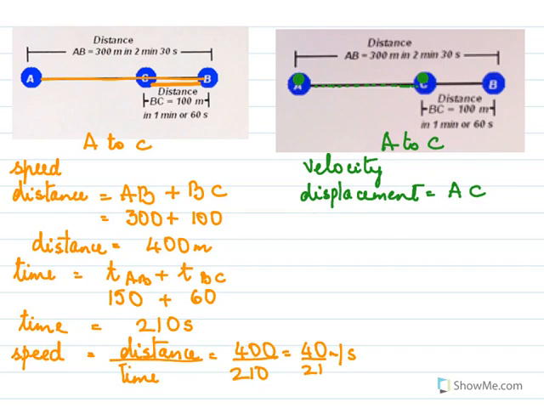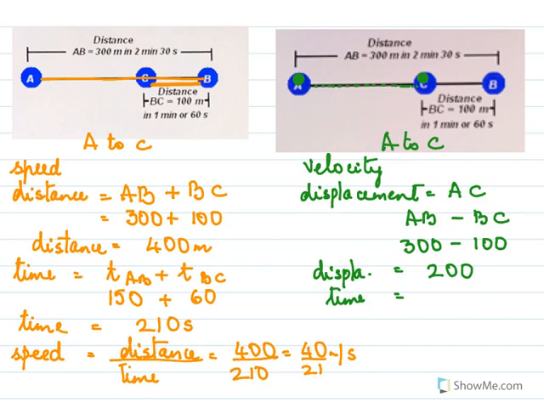We'll just do this again. Now to find AC, it will be AB minus BC. Your AB is 300, BC 100. So displacement works out as 200. Now time we already have found out earlier. The time for him to go from A to B and back to C is 210 seconds.